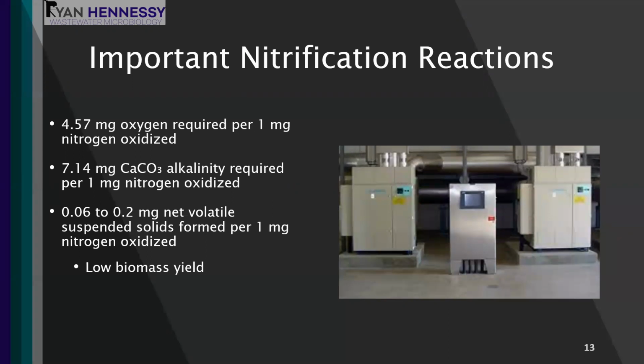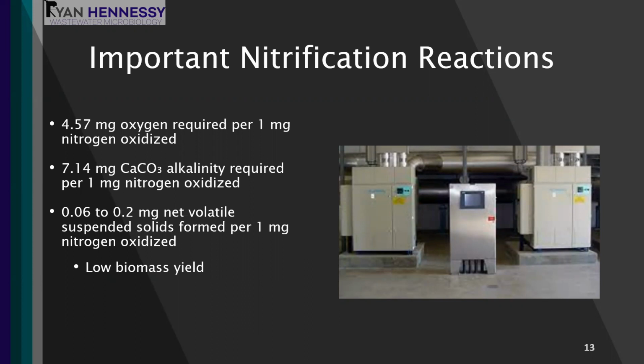Important nitrification reactions. So when we convert ammonia to nitrate, we're going to use a substantial amount of oxygen. So 4.57 milligrams oxygen required per each milligram nitrogen oxidized from ammonia to eventually nitrate. Then there's also 7.14 milligrams of calcium carbonate alkalinity that's required.